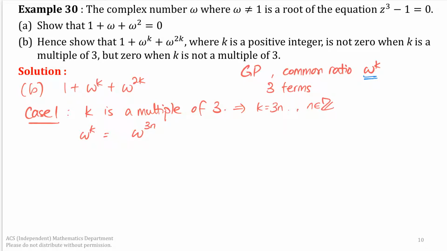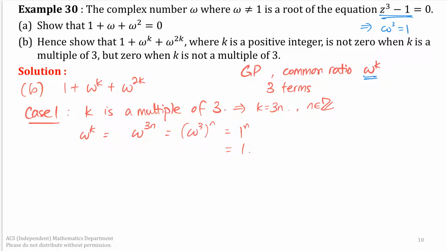But omega to the power of 3 is 1, just to remind you. So this is going to be omega cubed to the power of n, which is 1 to the power of n, which equals 1. And so now the common ratio is actually equal to 1. We're not going to be able to use the GP formula to find the sum of the GP.